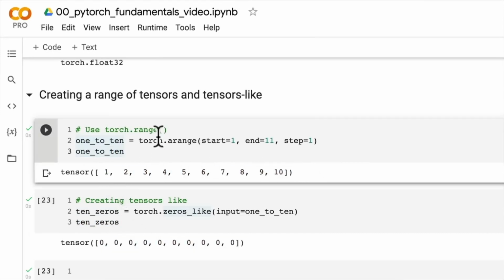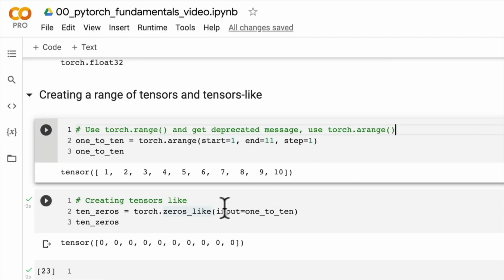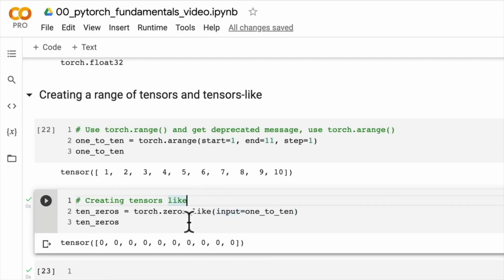So if you'd like to create tensors, use torch arange and get deprecated message. Use torch arange instead for creating a range of tensors with a start, an end, and a step. And then if you wanted to create a tensor like something else, you want to look for the like method.